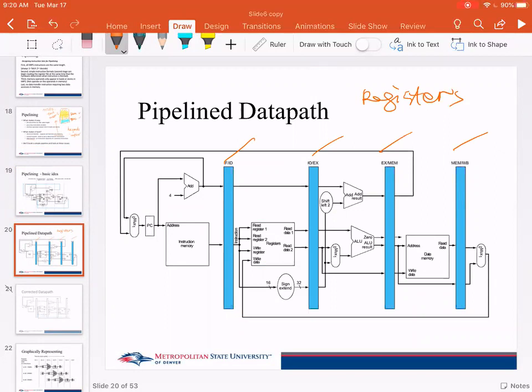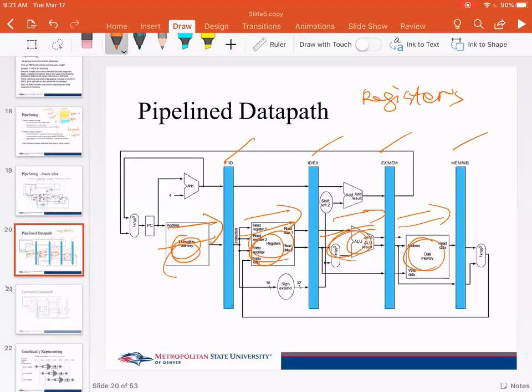You do need to keep the data from this part and put it here, keep the data from this part and put it here, keep the data from your ALU output and put it here, and then take it. Each key element, each important piece of the CPU, is responsible for a different type of operation.